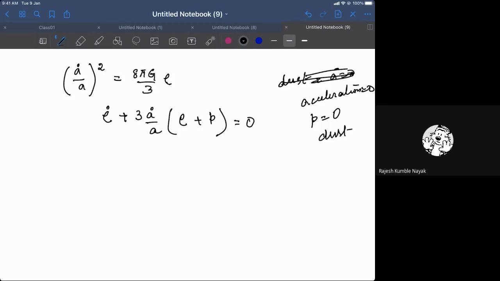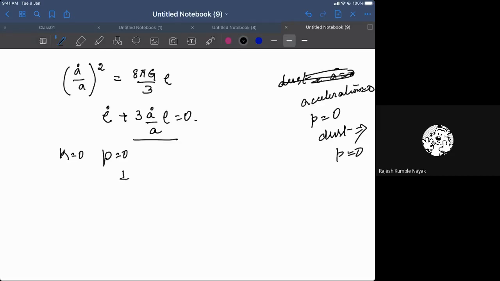Dust implies that p is equal to 0, and then we can see that we have two equations which are fairly straightforward. So this is what we have for k is equal to 0, p is equal to 0, the dust solution. Now we look at this expression and play around with it.